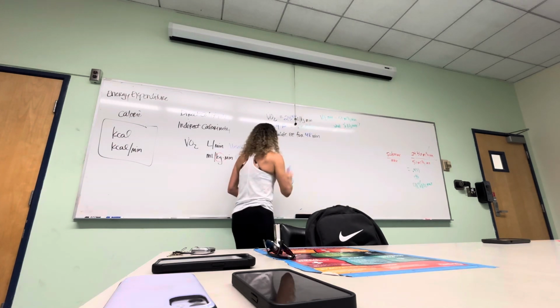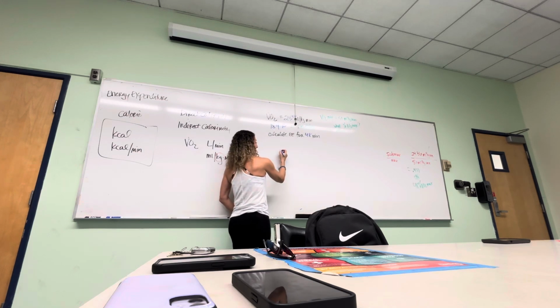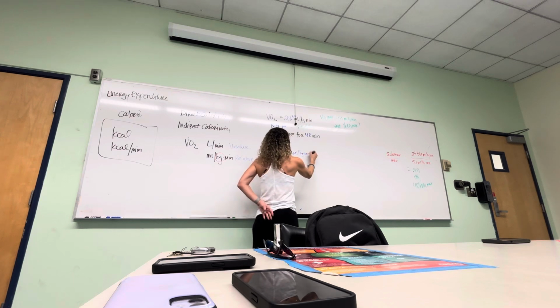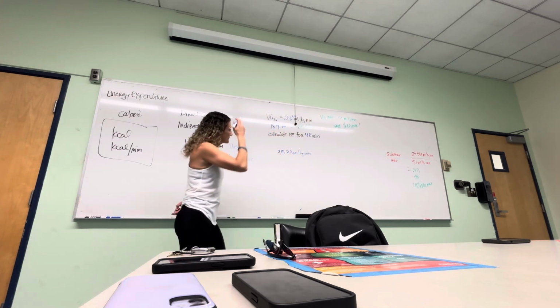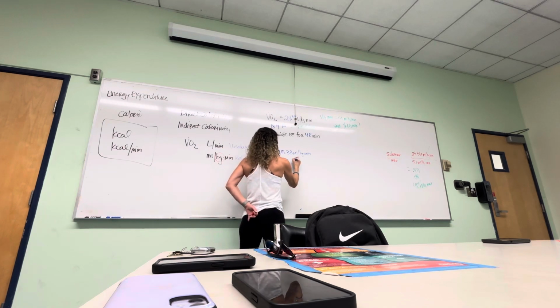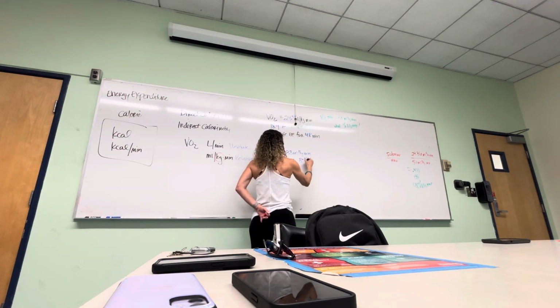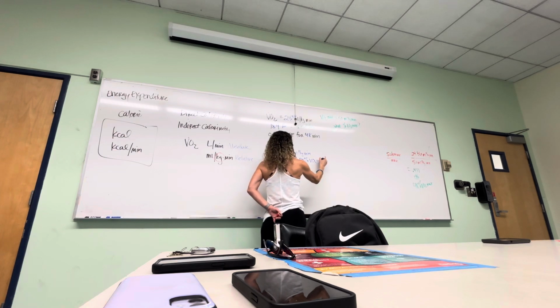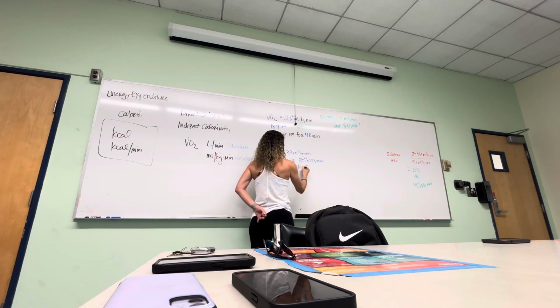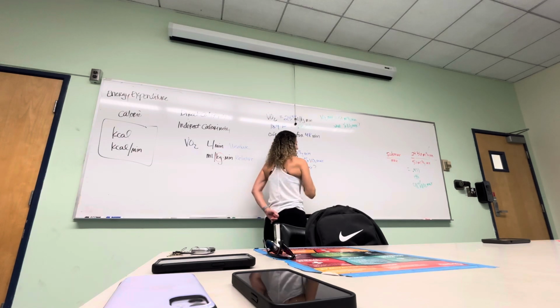Let's say the person is exercising at 35.33 mLs per kg per minute, and this is 80% of their VO2 max. What is VO2 max?